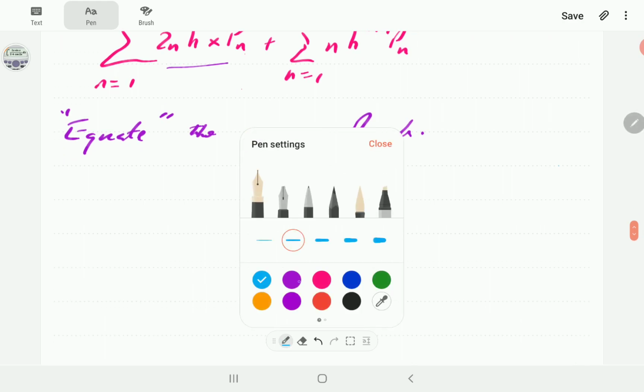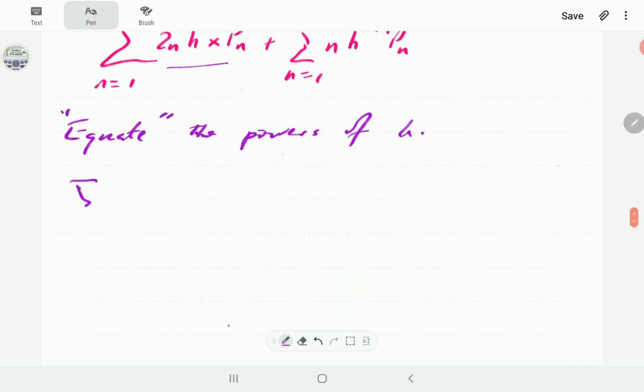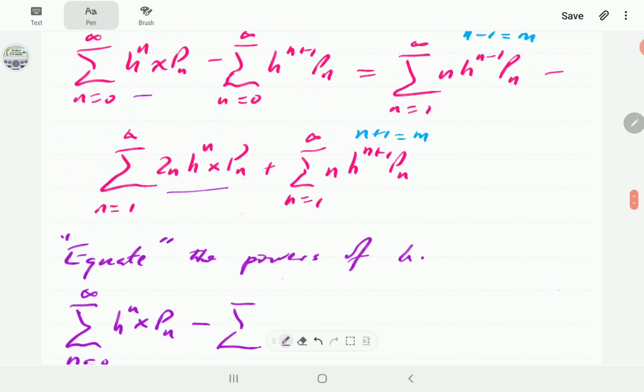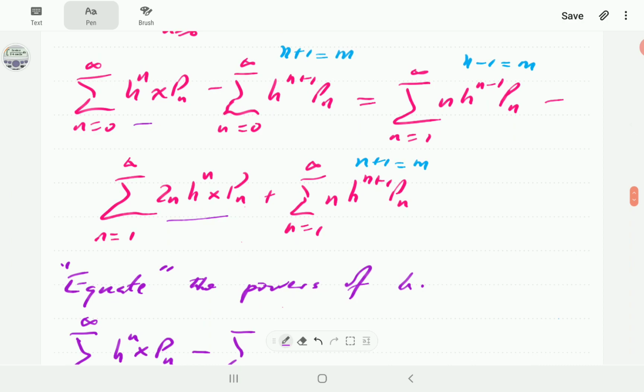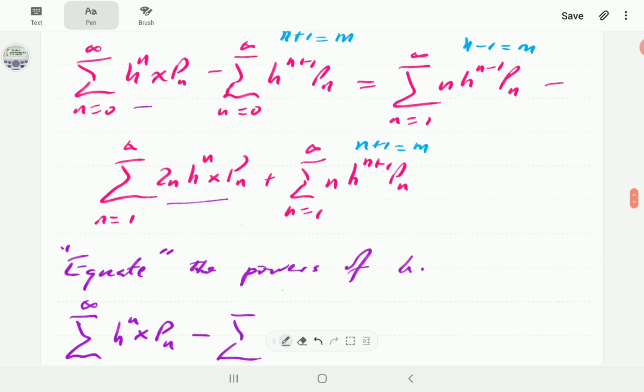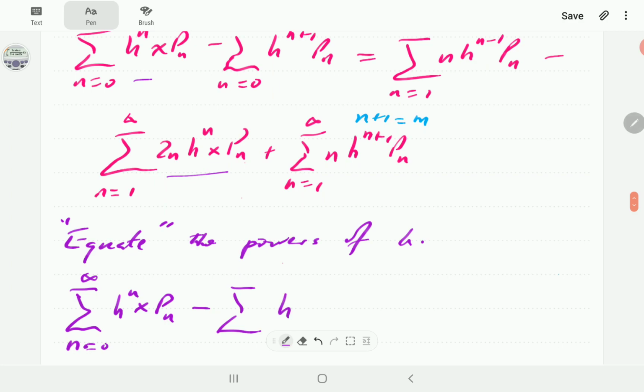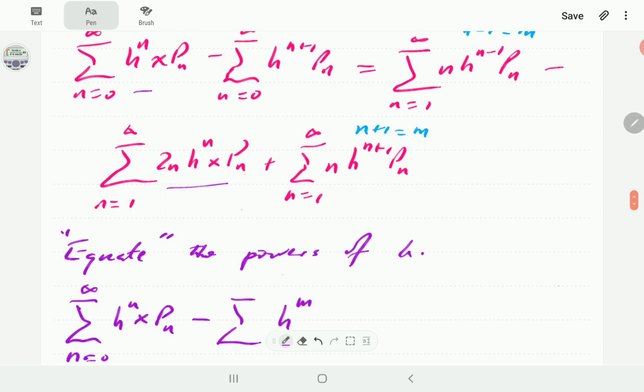Okay, then let's rewrite this and see what we get. So the first term is the same as before. So we have h to the power n x p_n, n is running from 0 to infinity, minus, now in the second term, so here we go. Our new power is now m. So we're going to have h to the power m.